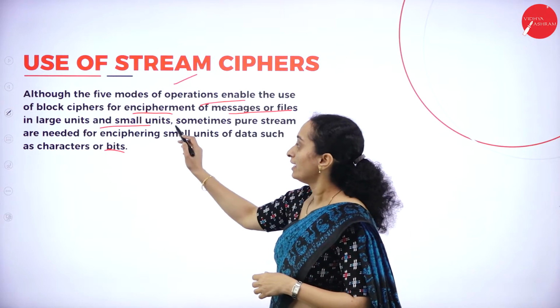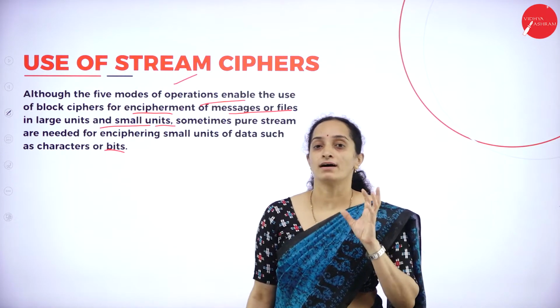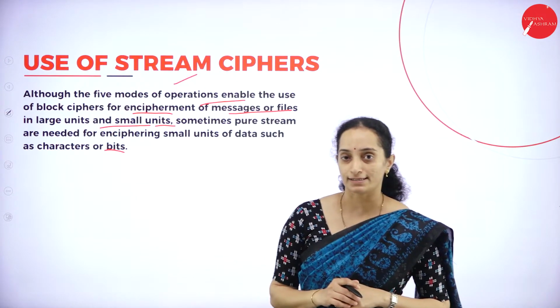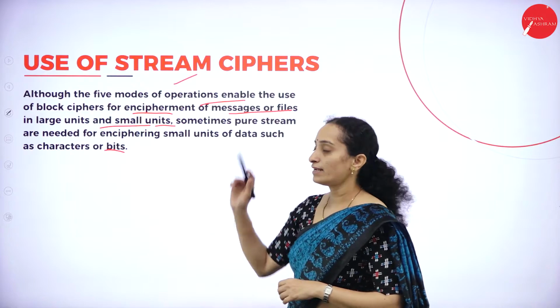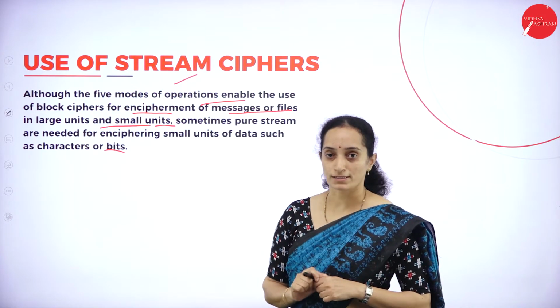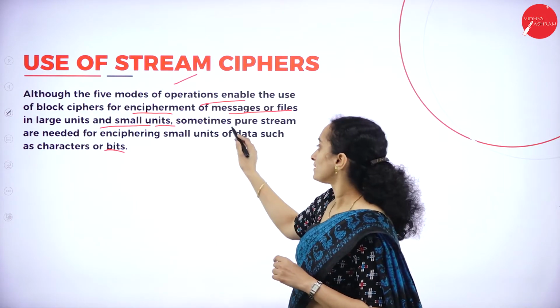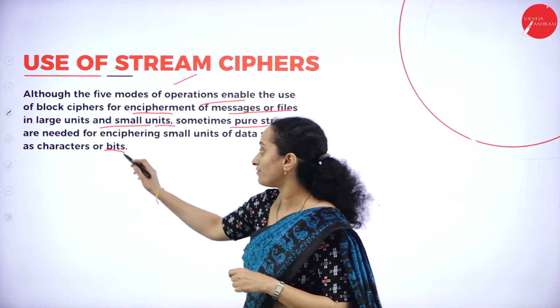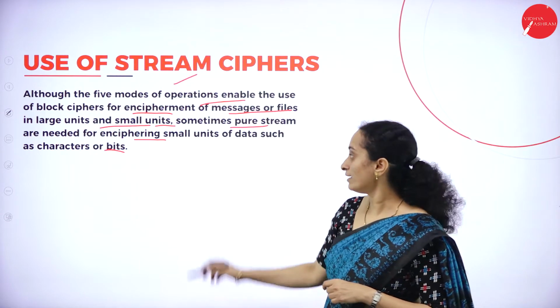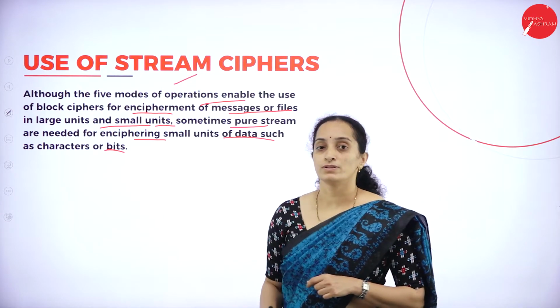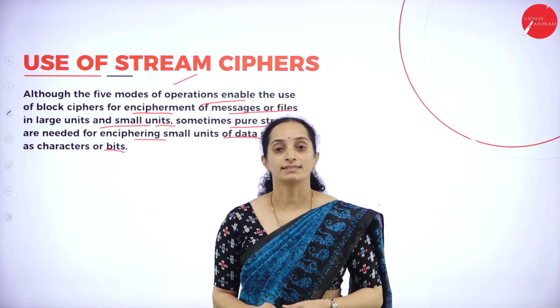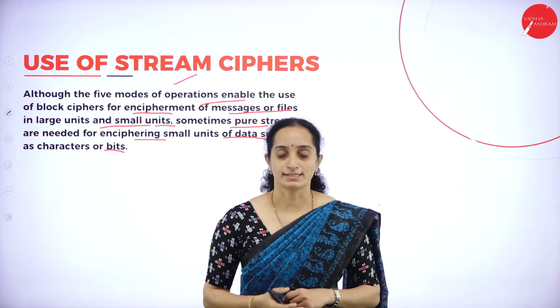In that, large and varying sizes of packets or varying types of data are there, then you can make use of the block ciphers. Then there will be some situations where you need the stream ciphers for enciphering, which are small units like a set of characters or a set of bits. In such a case, you can make use of the stream ciphers.